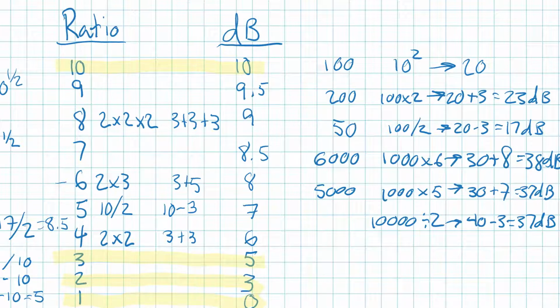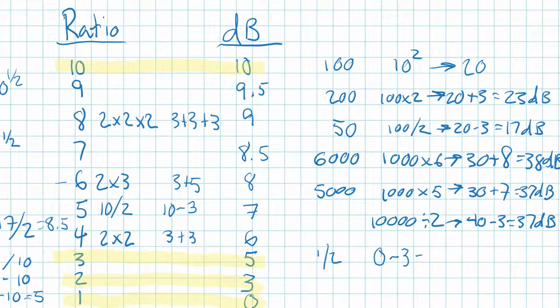Now what about fractions? Let's try looking at, for example, 1/2. Well, 1 divided by 2. 1 in dB is 0. Division is subtraction, and 2 is 3.